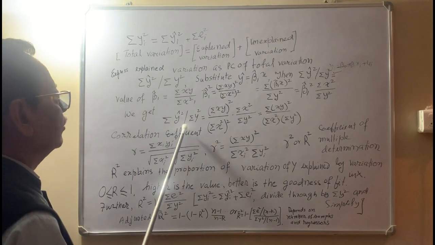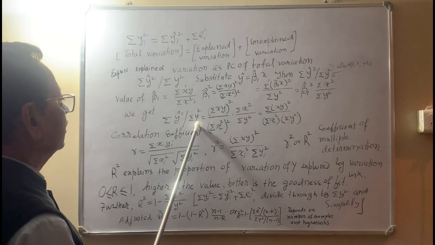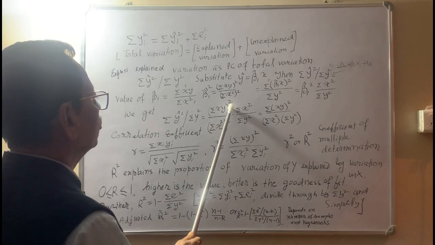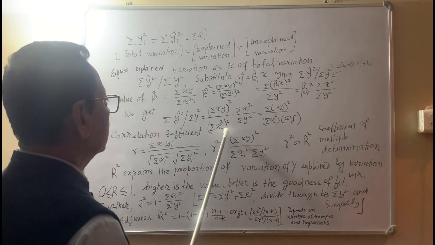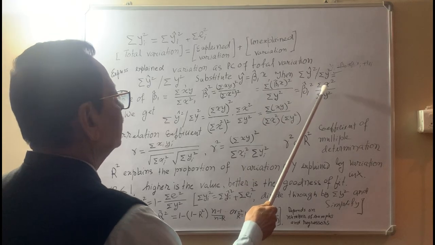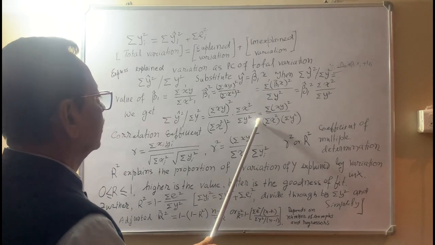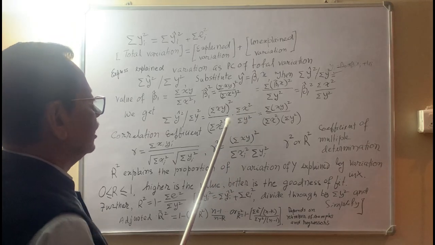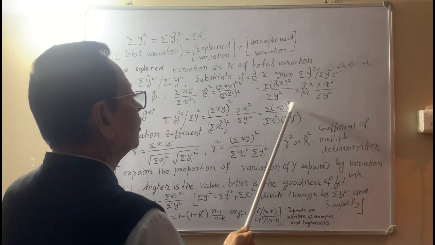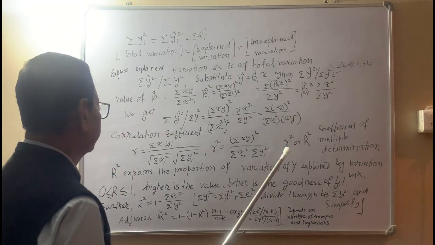Then we get summation y square by summation x square just by putting these values. Summation xy square by summation x square whole square. That means beta 1 square into this summation x square by summation y square. So after cancellation, we will get summation xy square by summation x square into summation y square.